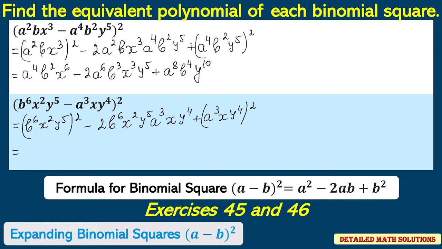This equals b to the 12th power x to the 4th power y to the 10th minus 2 times a cubed b to the 6th power x cubed y to the 9th power plus a to the 6th power x squared y to the 8th power.